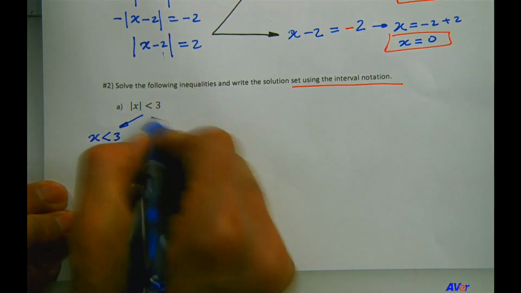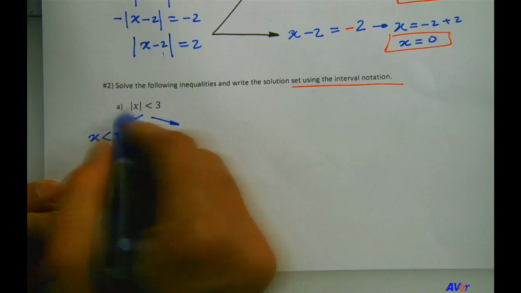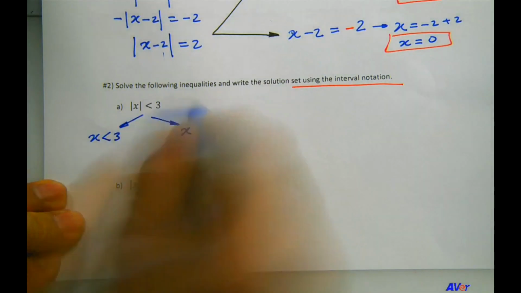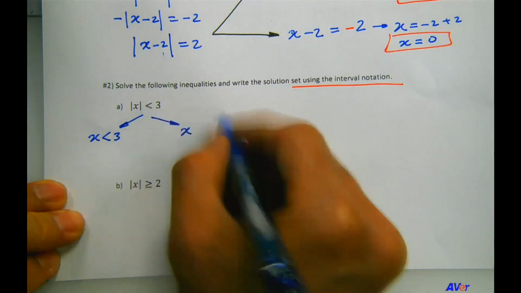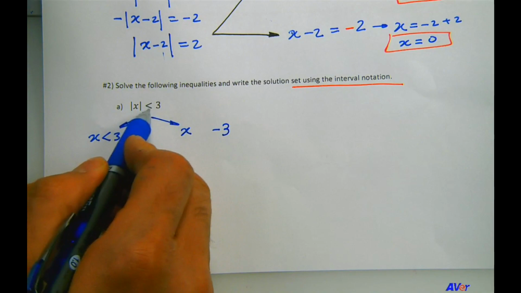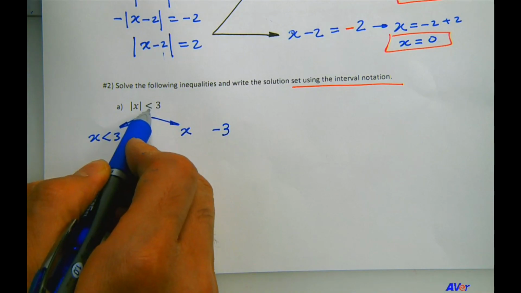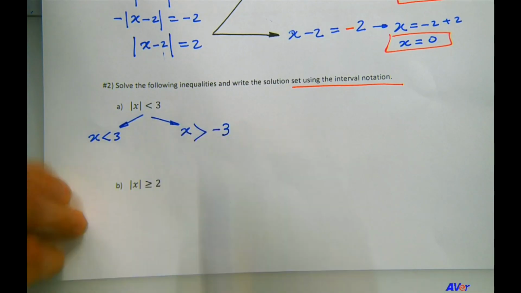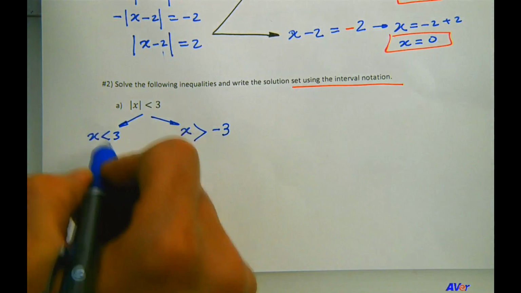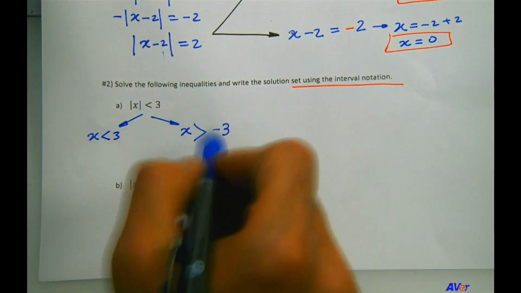Then the other one: write the x as it is without the absolute value, multiply the other side by -1, so we have -3, but that means you have to multiply this symbol by -1 too, so it'll flip or change direction. So this is x less than 3, x greater than -3.